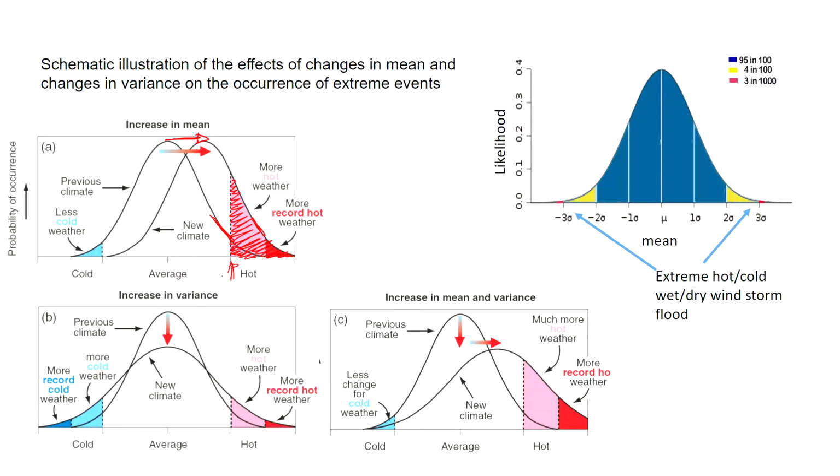So by shifting the mean temperature a little bit, we greatly increase the likelihood of exceeding a particular temperature on any one day.